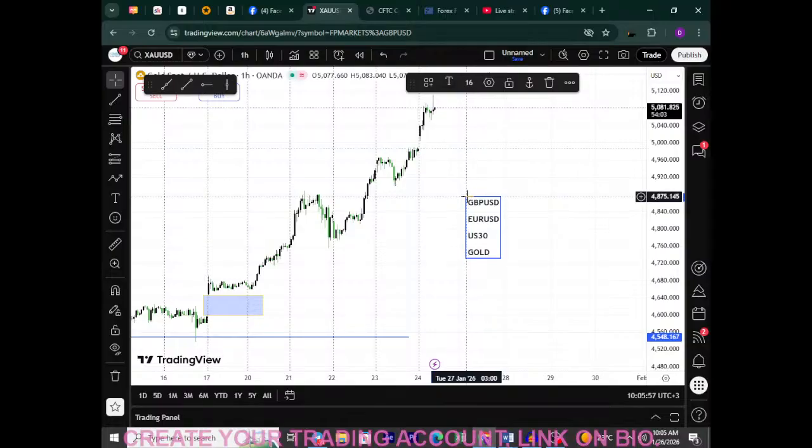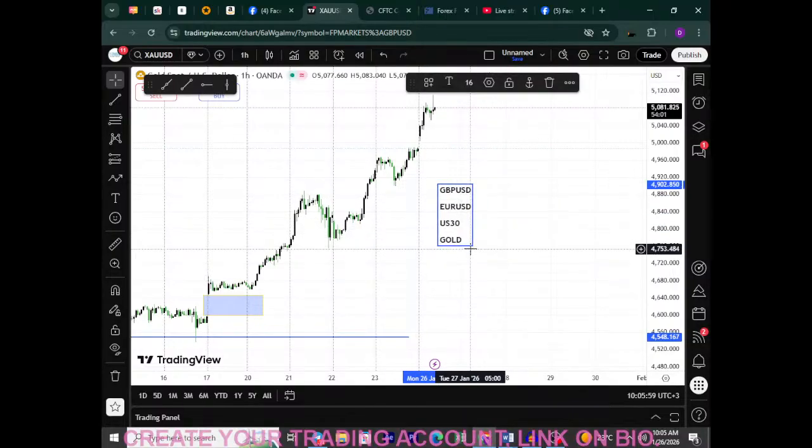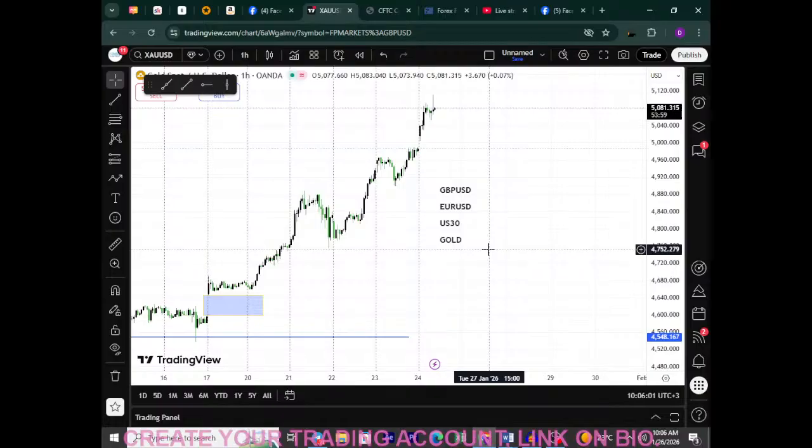Technically, on a technical level, these four pairs are supposed to be moving in the same direction. So we could say they are correlated. The metal, the indices, and the currencies. They are supposed to be correlated. But do they move in the same direction all the time? No.